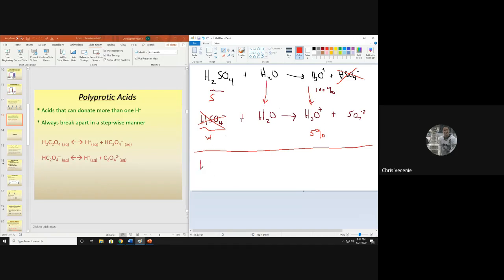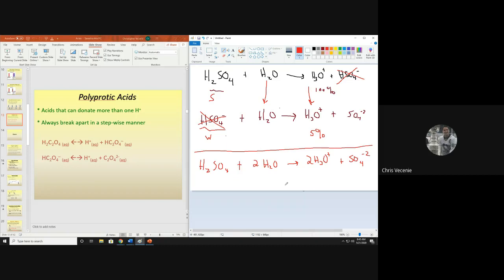So if I wanted to draw an overall process for this, I'd say I have H2SO4 with 2 H2Os creating 2 H3O plus and an SO4 negative 2. And that's what the overall process would look like there in the red.